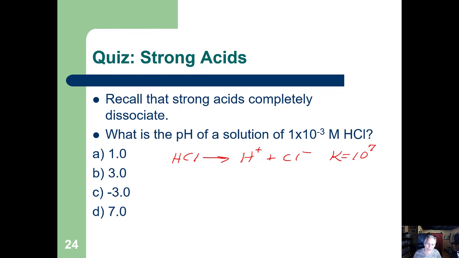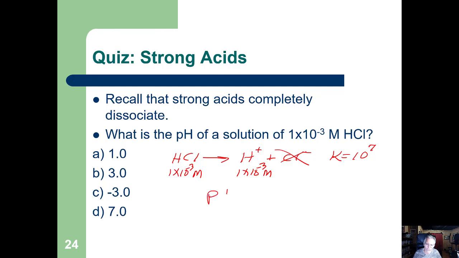That means that if I've got a 1 times 10 to the minus 3 molar concentration of hydrochloric acid, it's essentially going all the way to products, and I'll have a 1 times 10 to the minus 3 molar concentration of hydrogen ion. The chloride ion is a spectator ion in this dissociation. It's inert. It's not going to do anything.